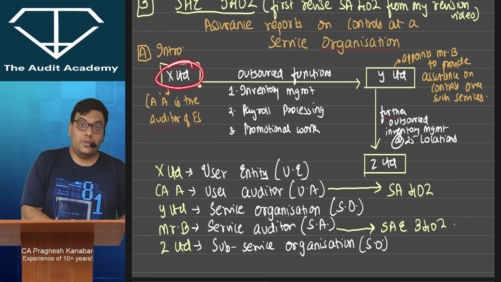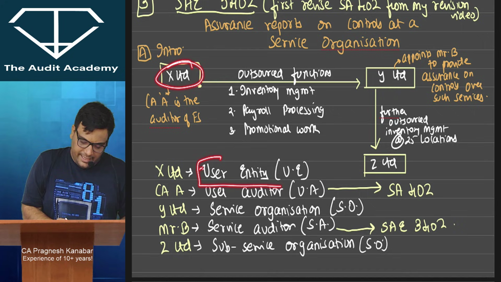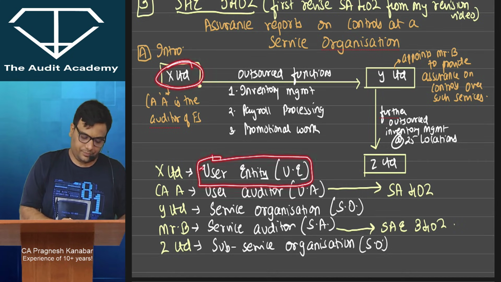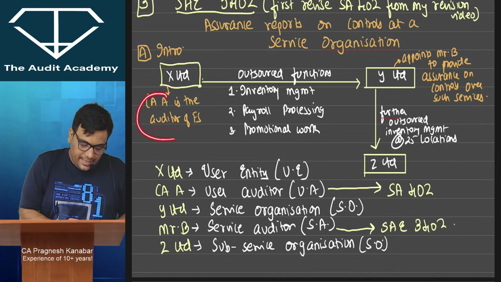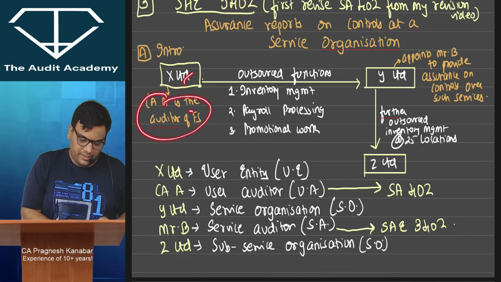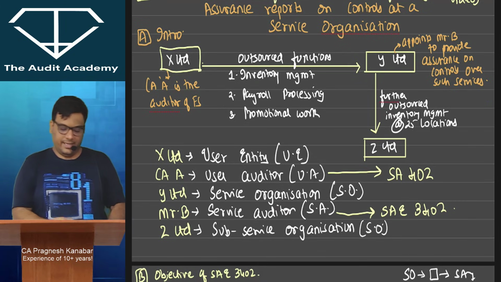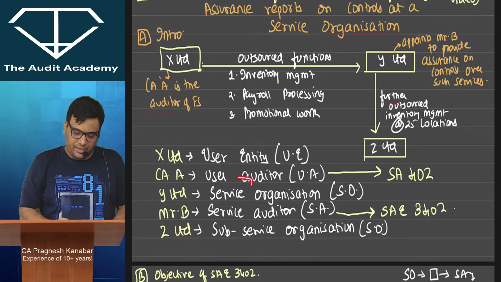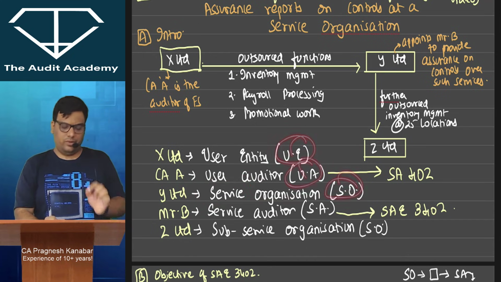X Limited is using the services, that is why X Limited will be called as user entity. Okay. CAA is the auditor of financial statements of X Limited, that is why he will be called as user auditor. Y Limited is providing services to X Limited, so Y Limited will be called as service organization, and these shortcuts I've used in my notes also.